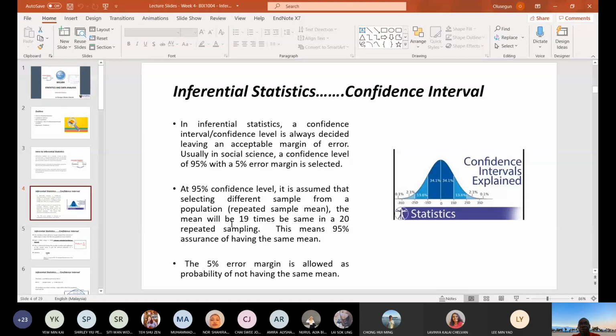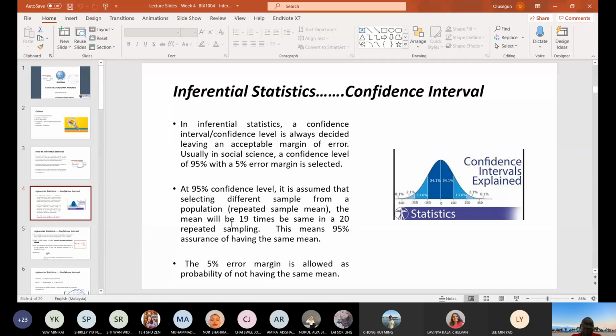What does that mean? For example, if I'm to study the students of UM, if I'm selecting a sample of 100 students, and I get their mean or their information, then I select another sample, get the information, I select another sample, get the information, it means 95 times I will be getting the same result.